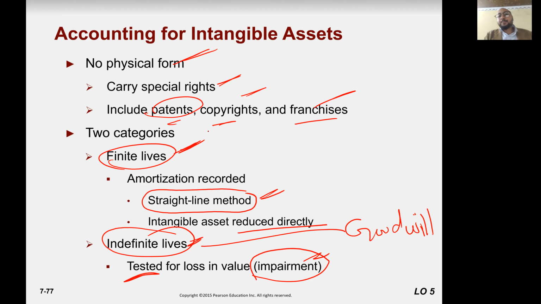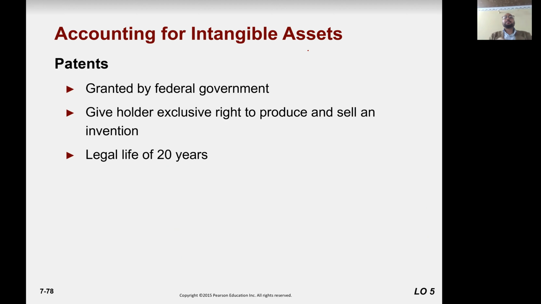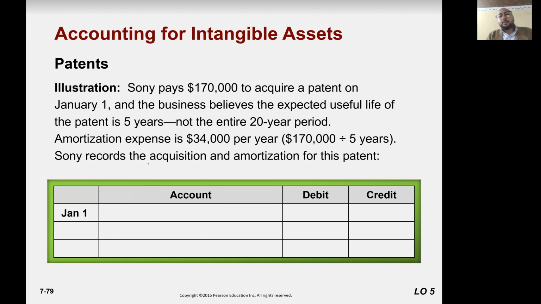But first, let's do that. Accounting for finite intangible assets. So, patents granted by the federal government give the holder exclusive right to sell or produce. So legal life is 20 years, whereas an illustration is required here.